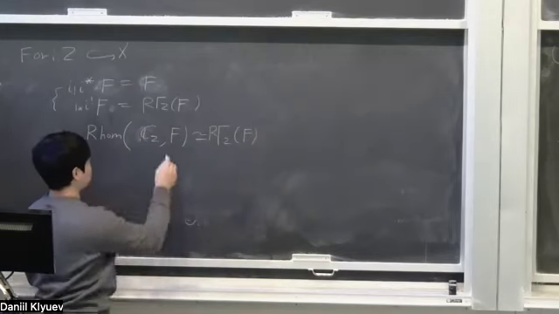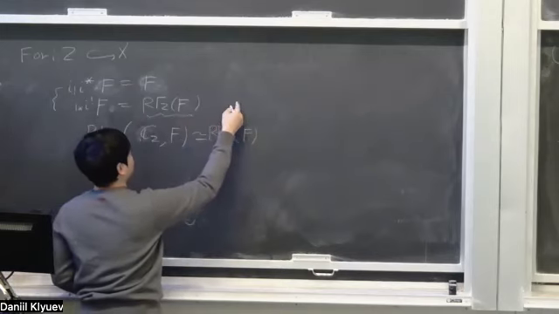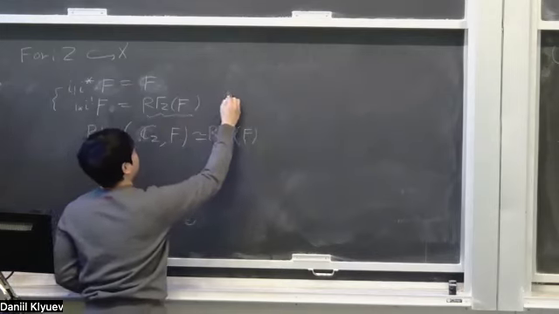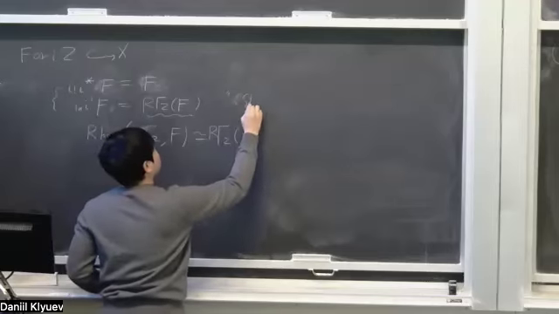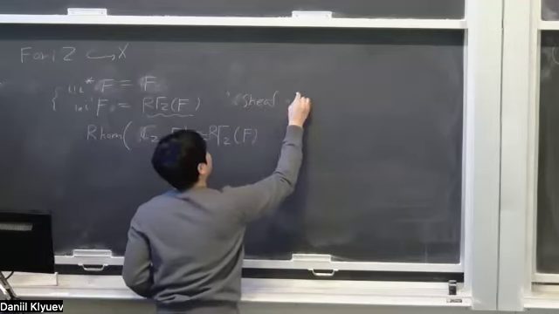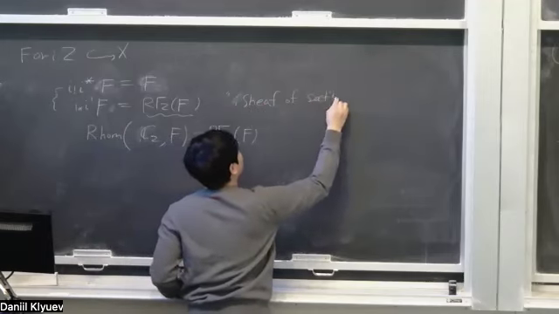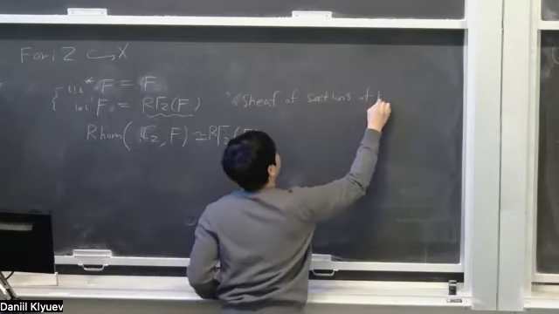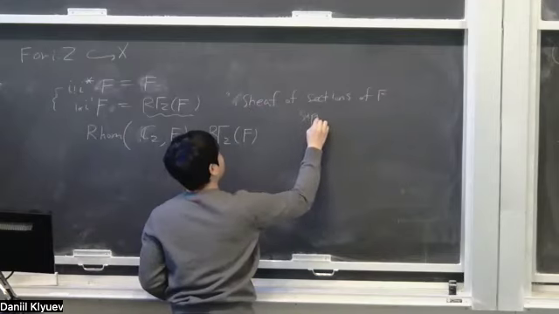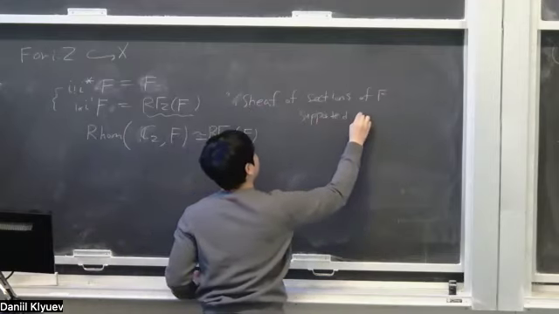And these functors can be naturally identified as a sheaf of sections of F supported in Z.